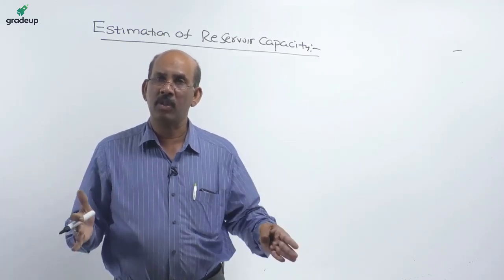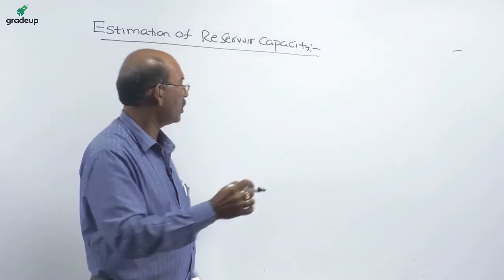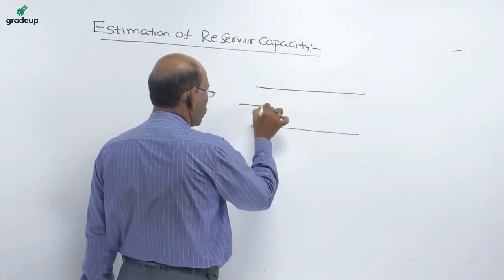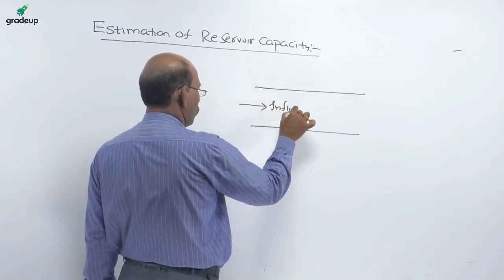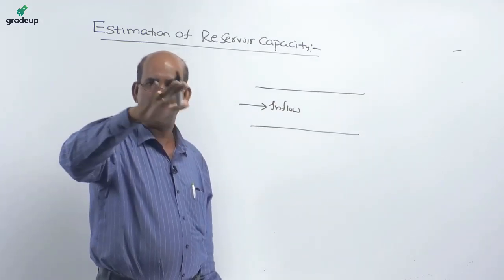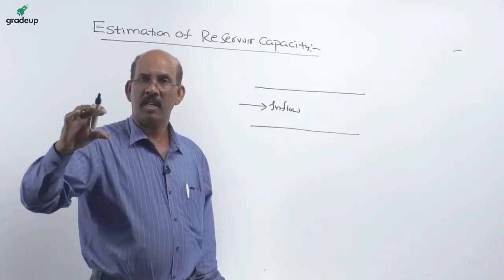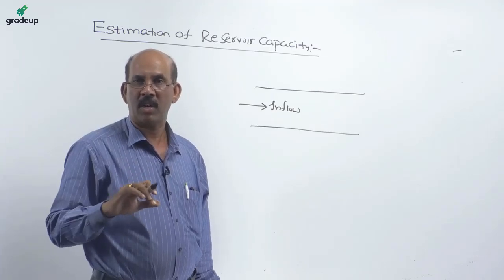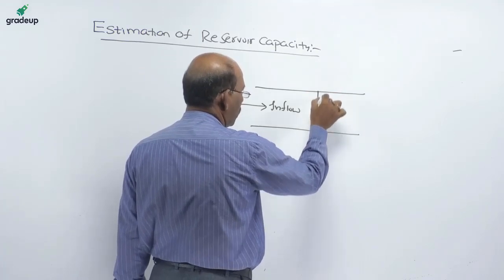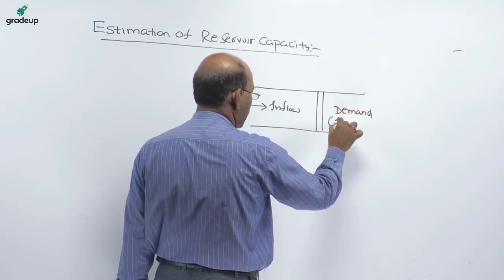Here we first require to know the ordinates of the mass curve of inflow, that is, the water that is going to enter. What is the inflow? That is hydrological data, that is a hydrograph analysis. From that we are going to estimate the various ordinates of the capacity mass curve of inflow. The second data required on the downstream side is the demand, here for irrigation.